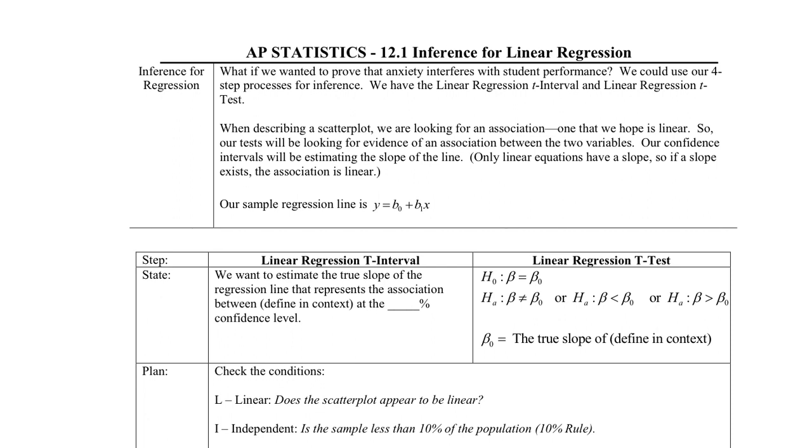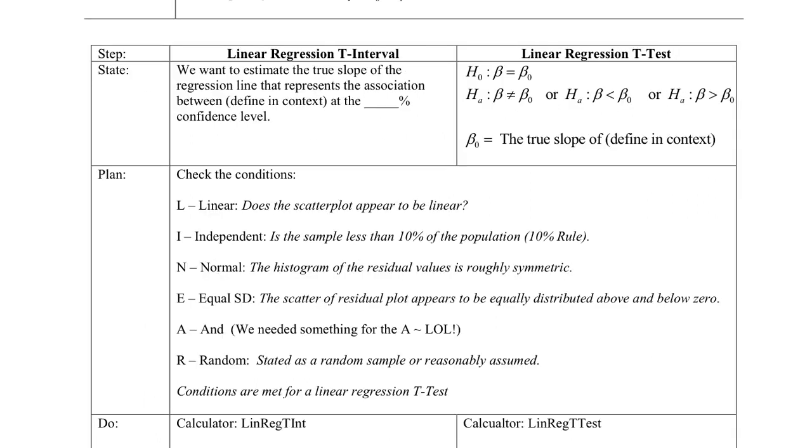There's two things you can do. You can either do a T interval, so we could do that confidence interval, or we're going to do a T test. So notice that these linear regressions also follow our T distribution, just like our means did.